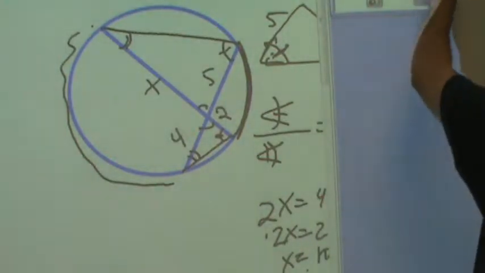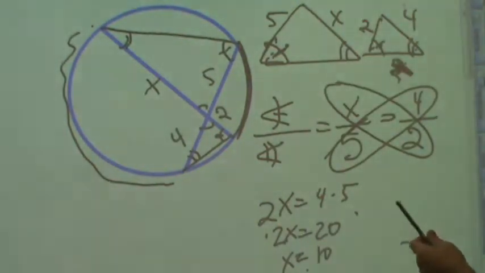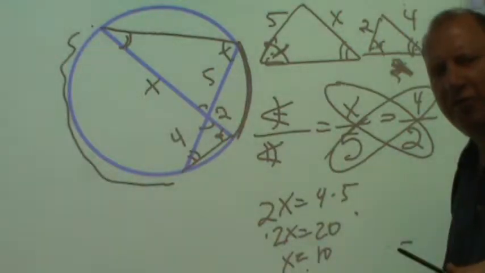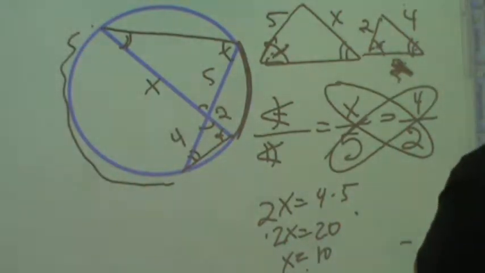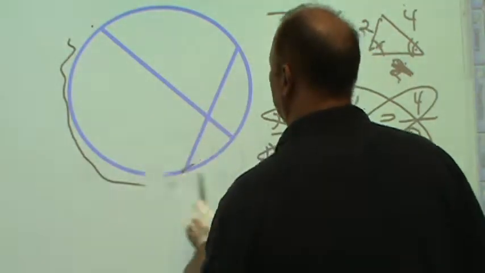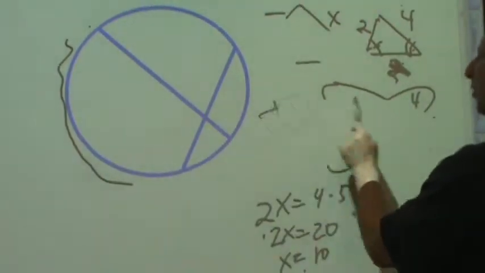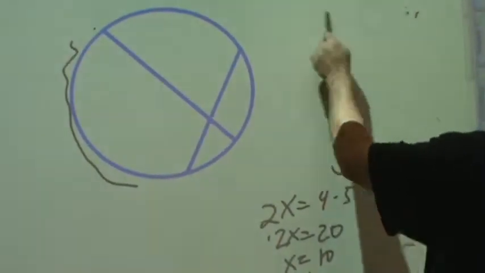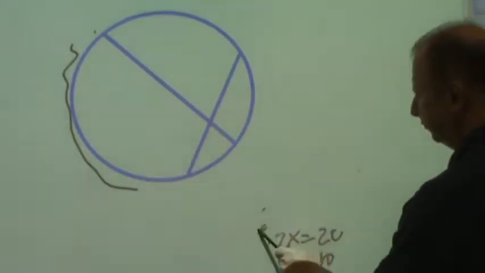Let's do it again. This time I'm going to put all the letters A, B, C, D. Okay? So let's look if there's a rule that we can work with every single time.